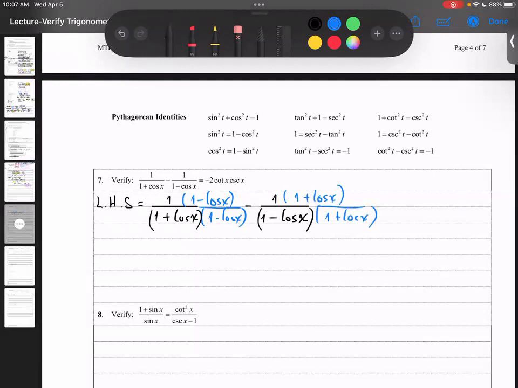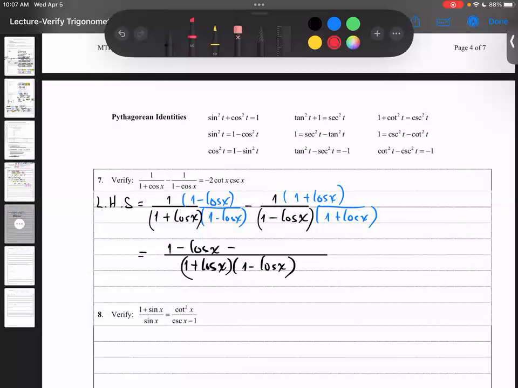Now I have a common denominator, which is 1 plus cosine x times 1 minus cosine x. And the top is what? The top is 1 minus cosine x.